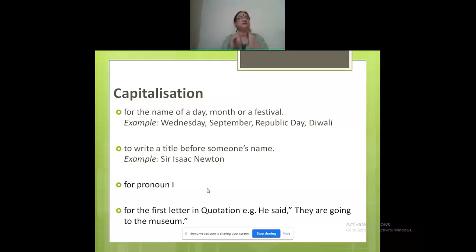We are going to be doing quotation marks in detail after this, but the general rule is always the first letter in quotation will be capital.